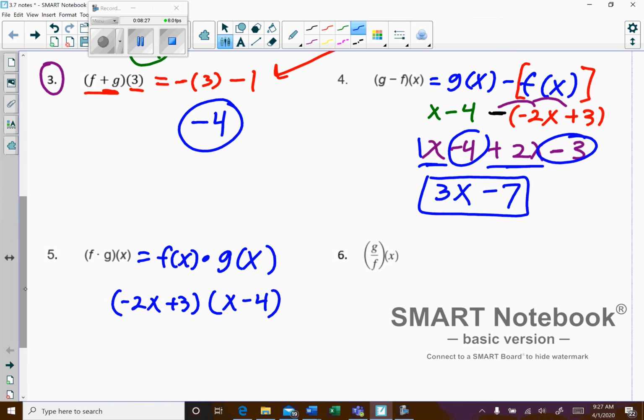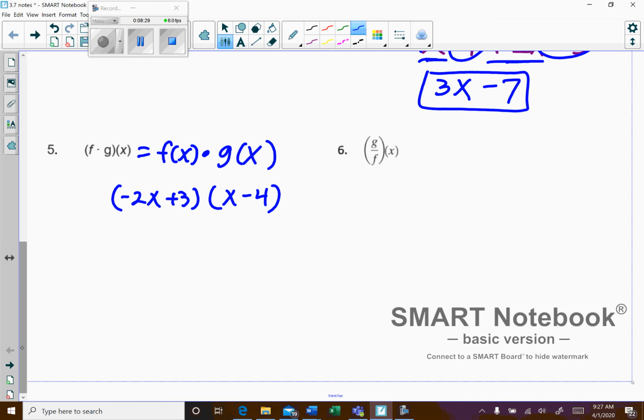I'll scroll up. In this case, we're going to FOIL this. We're going to take the negative 2x and multiply it by both of those terms. That'll be negative 2x squared, and then that'll become a plus 8x.